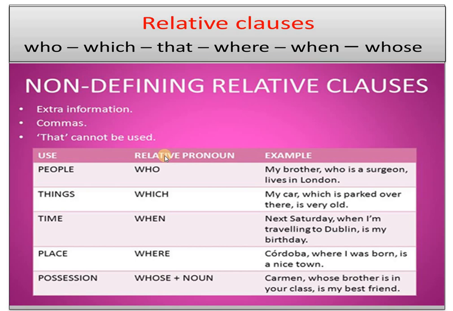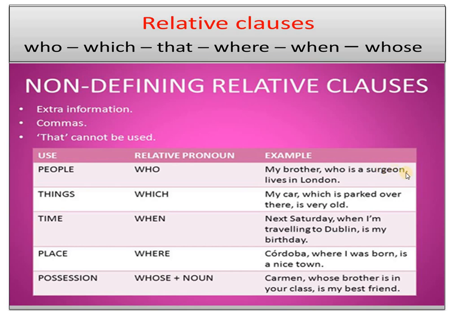Look at these examples. For people, we use the same relative pronoun, who. My brother, who is a surgeon, lives in London. Try to listen to me when I say this sentence again: my brother, who is a surgeon, lives in London. After the words my brother, I stopped for a short time. This is a comma. And after who is a surgeon, I stopped for another short time.